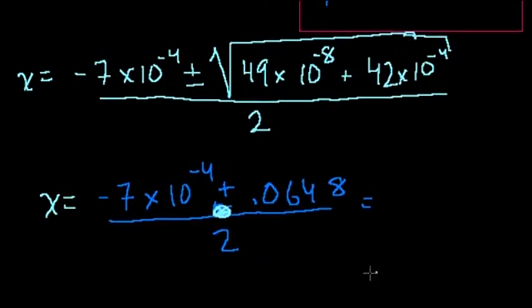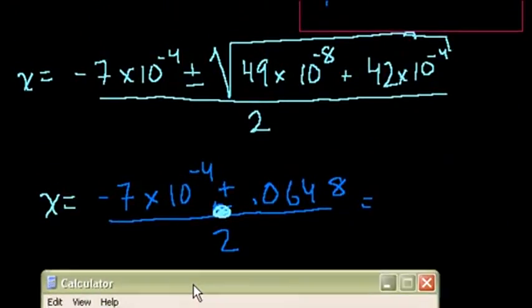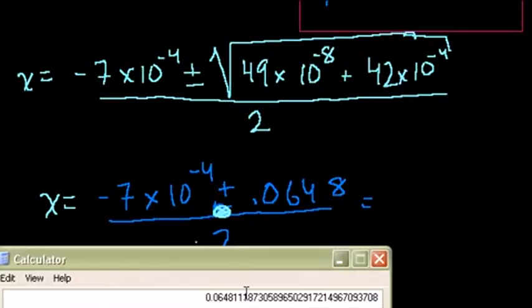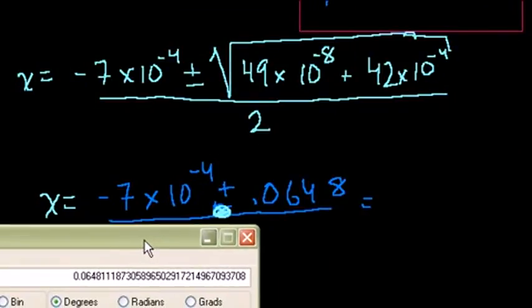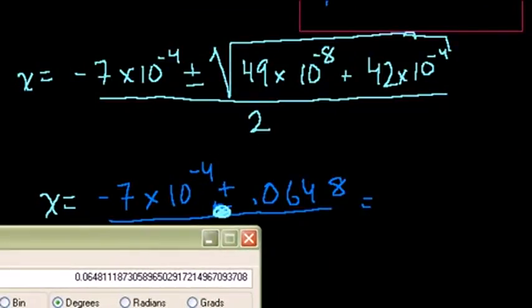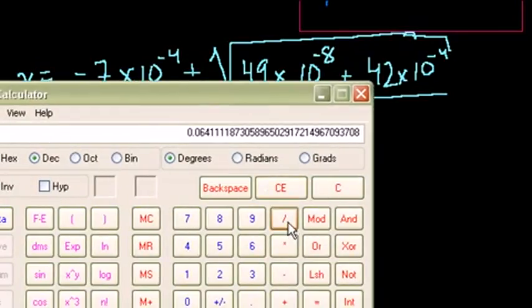So let's just do our math. We take this and we subtract that. So we have minus 7e negative 4 is equal to that, and then we have to divide by 2.